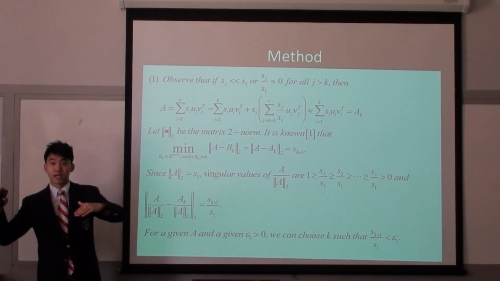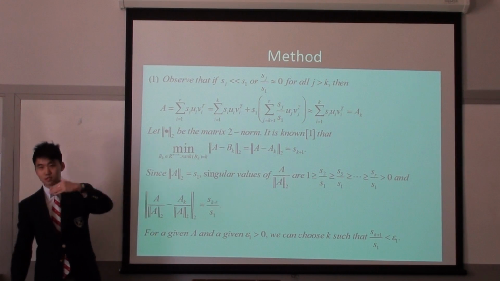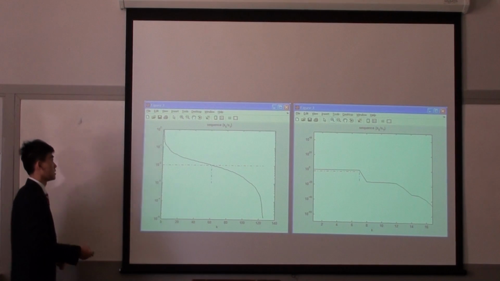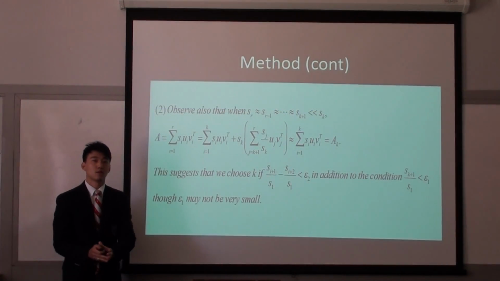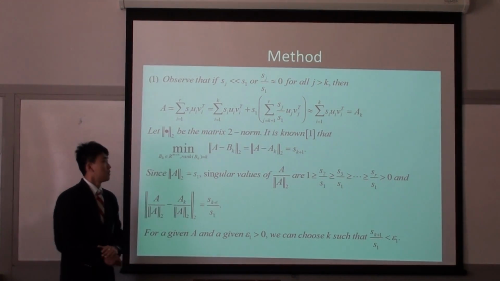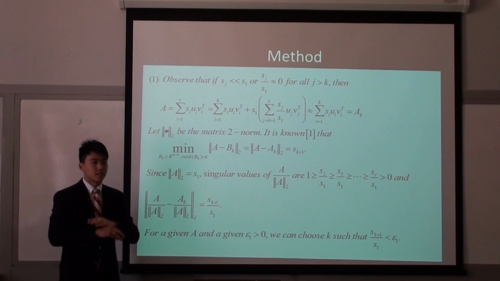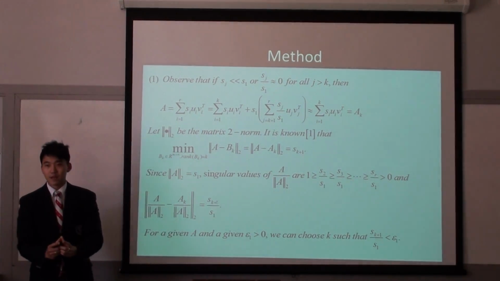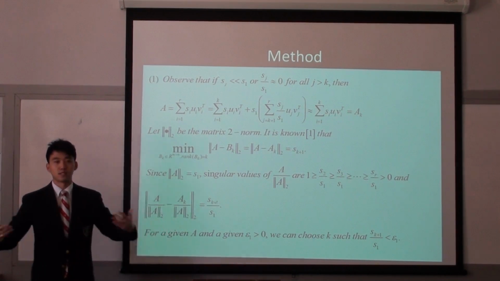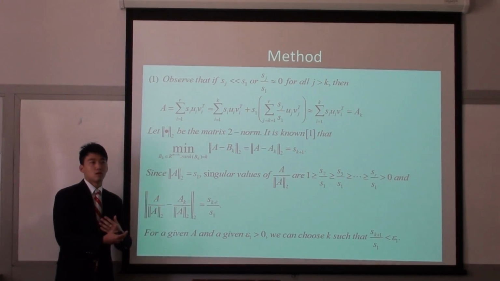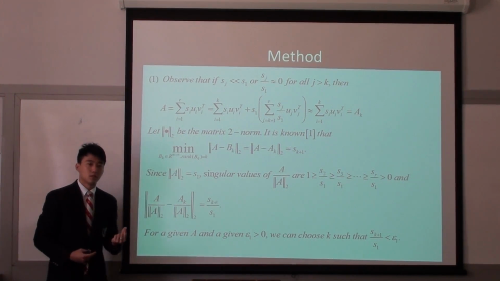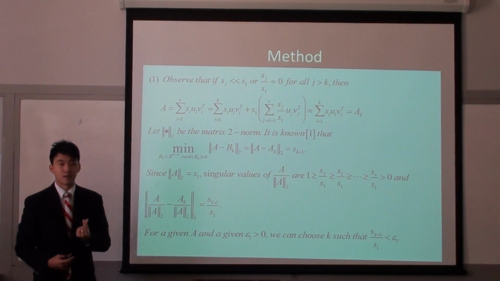It will never come back to get larger. It will always decrease all the way to the last rank. That is really important because it helps us determine the k, how much k we want. So we divide every singular value by the first singular value, so that no matter what kind of picture or matrix we receive, we all have the same standard to determine the singular values.